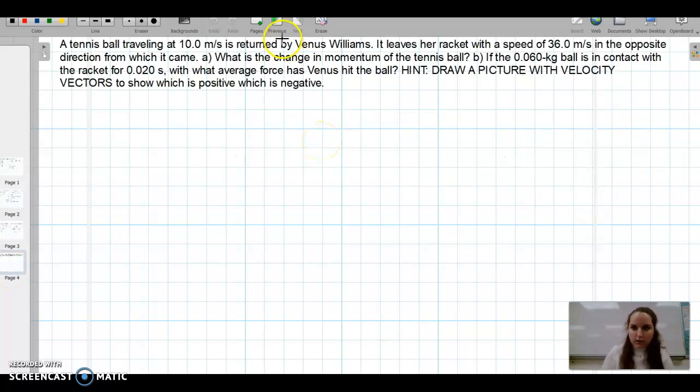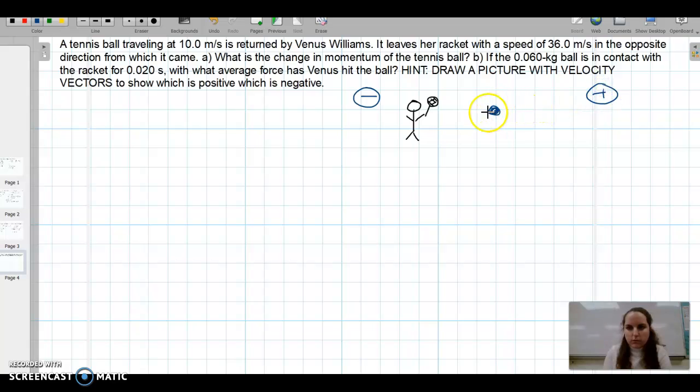So I'm going to start with a picture. All right, so this is going to be Venus Williams, and she's playing tennis, so I'm going to give her a racket. All right, that's her tennis racket. So this ball is originally coming towards her with a certain amount of velocity. So I'll call this my negative side, and I'll call this my positive side.